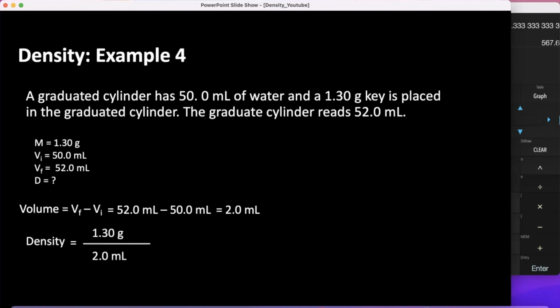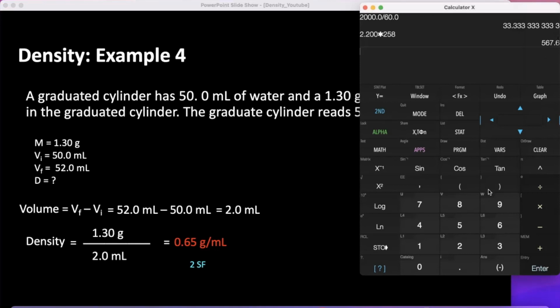Density is mass over volume. So I plug in the mass and that 2.0 for the volume now, because that's the total volume. That's the water the key displaced. .65, you put that in your calculator. Yep, 0.65.